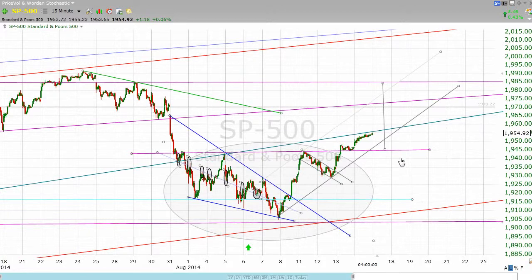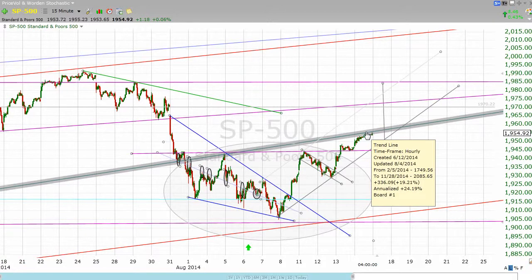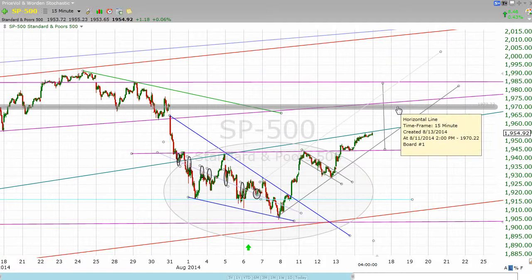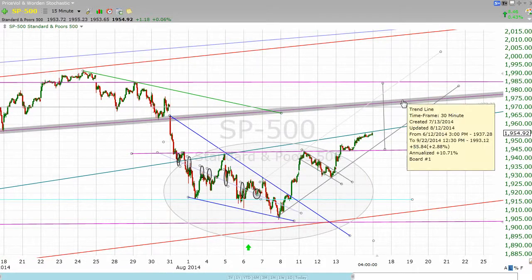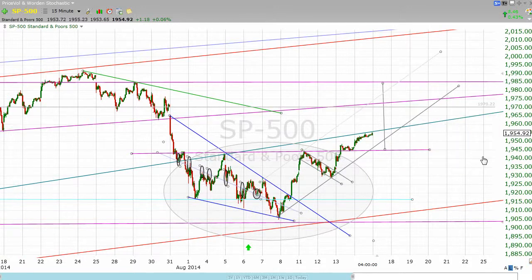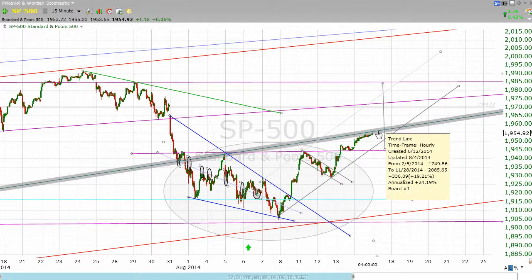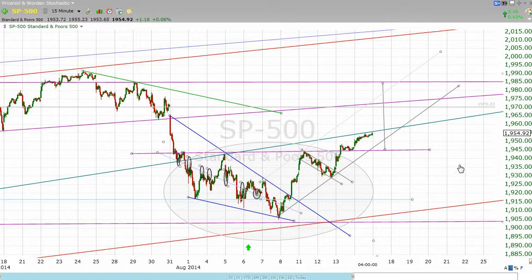If the S&P can get over this line, then the next area of resistance is going to be either gap resistance at 1970 or trend line resistance at wherever this line might be touched. But the goal right now is take this line out. I think it can be done. But until it is done, it hasn't.